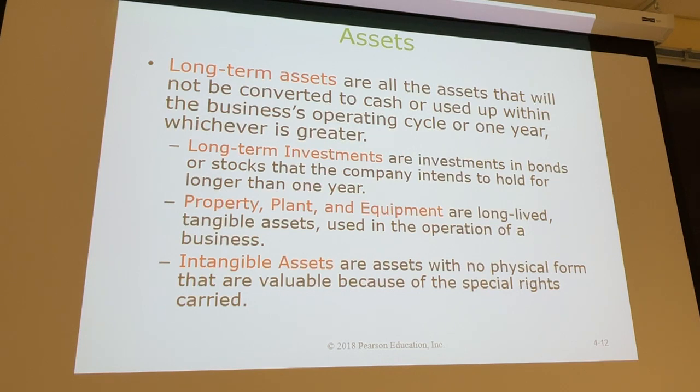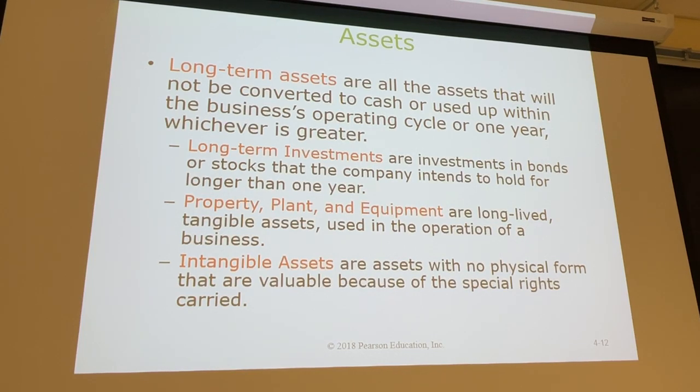The other 2 categories that you might run into, one of them would be long-term investments. If our company owns shares of stock or bonds in another company, we would show that investment on our balance sheet as a long-term investment.